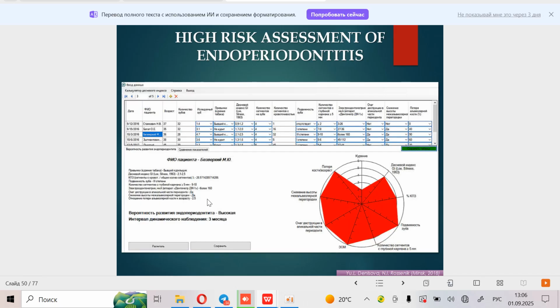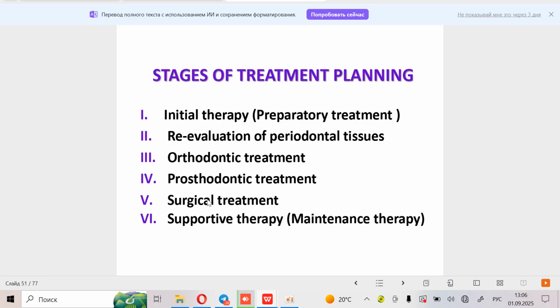A high risk assessment is detected in the presence of more than 2 high parameters. Here we see this patient has 7 high parameters. That's why this is a poor prognosis.